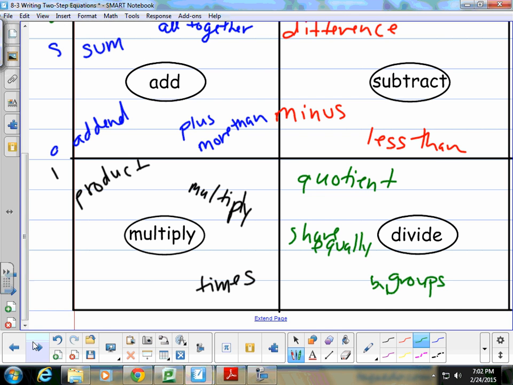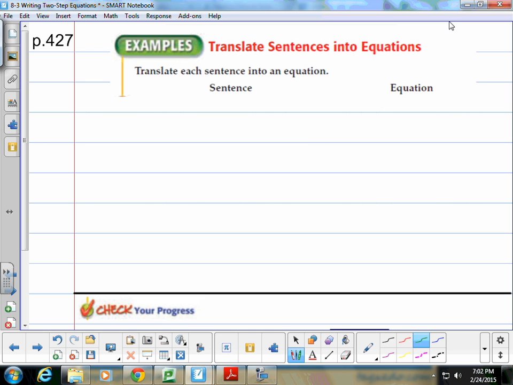Okay, moving on then. So getting to the bulk of this, translating sentences into equations. You can translate sentences into equations by reading a sentence. Like here, 8 less than 3 times the number is 23. So things that stand out for me are the words 8 less than 3 times a number is 23.